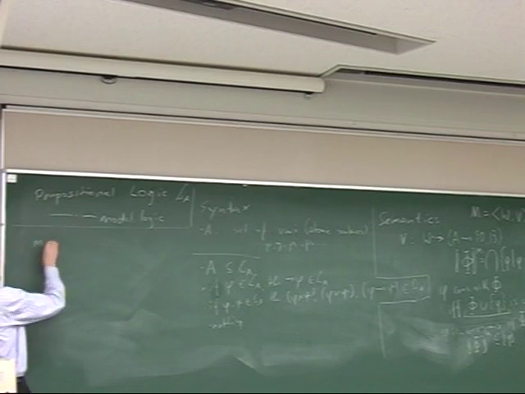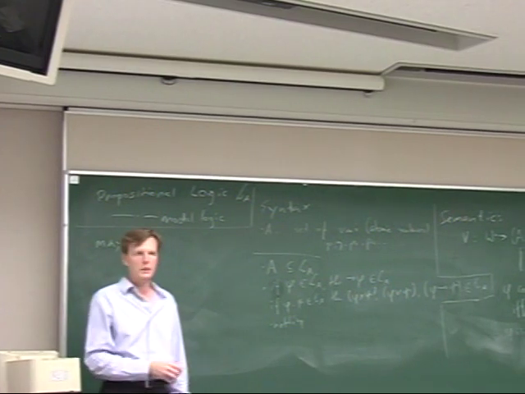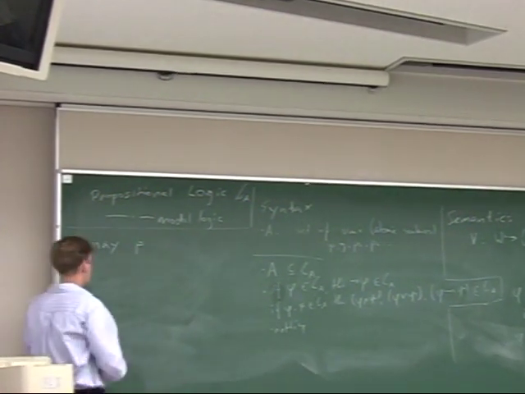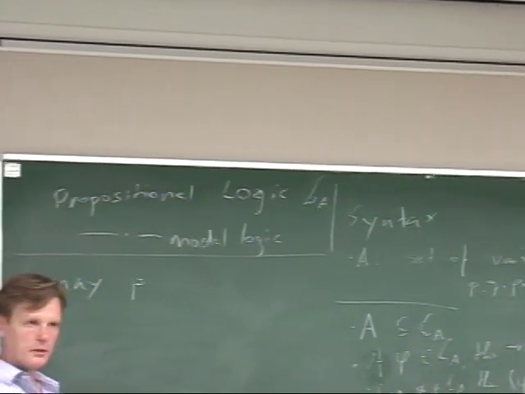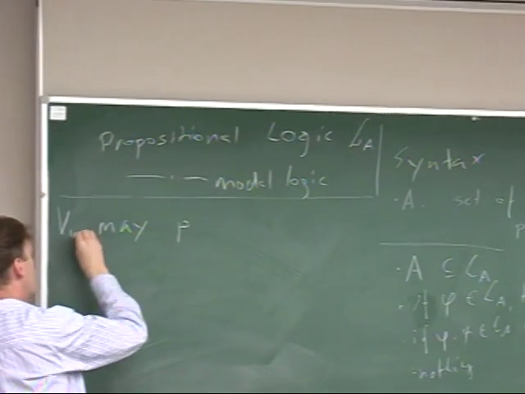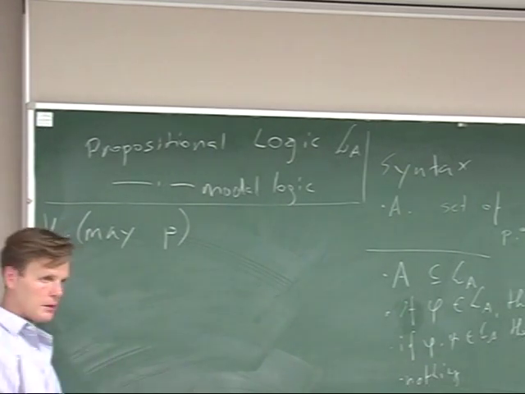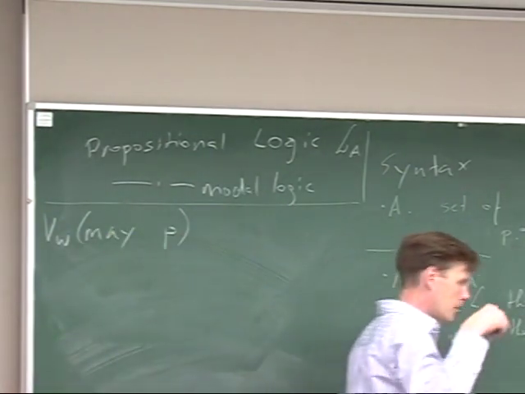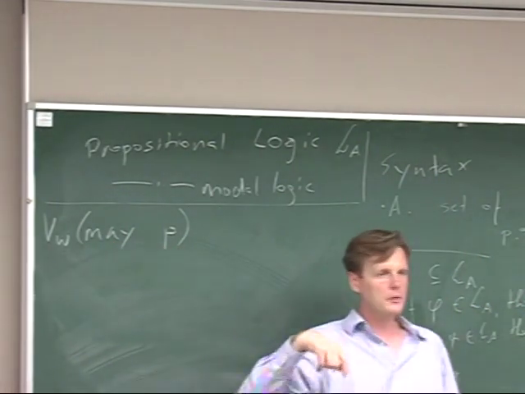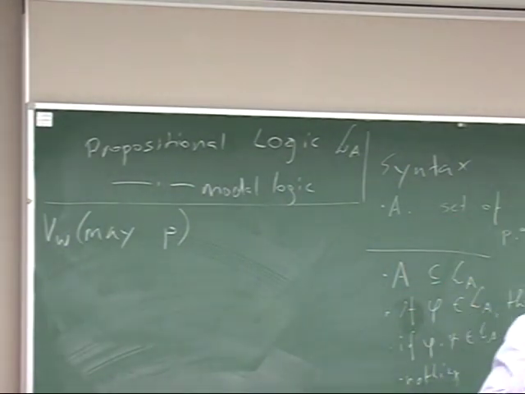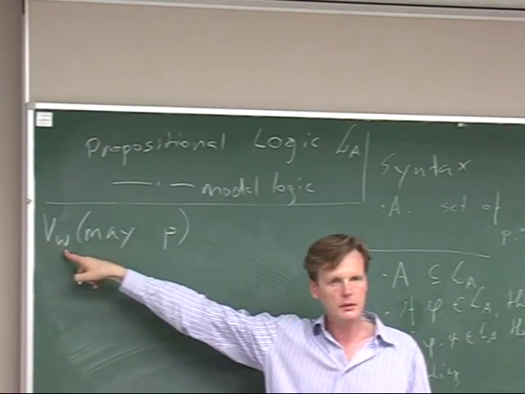So something like may P, or it may be the case that P, right? We want to do the same thing to this kind of sentence that we did earlier to the other sentences. That is, assign truth values relative to possible worlds. And since the sentence asserts actually that P is consistent with the modal base, the modal base too has to depend on the world of evaluation, right?